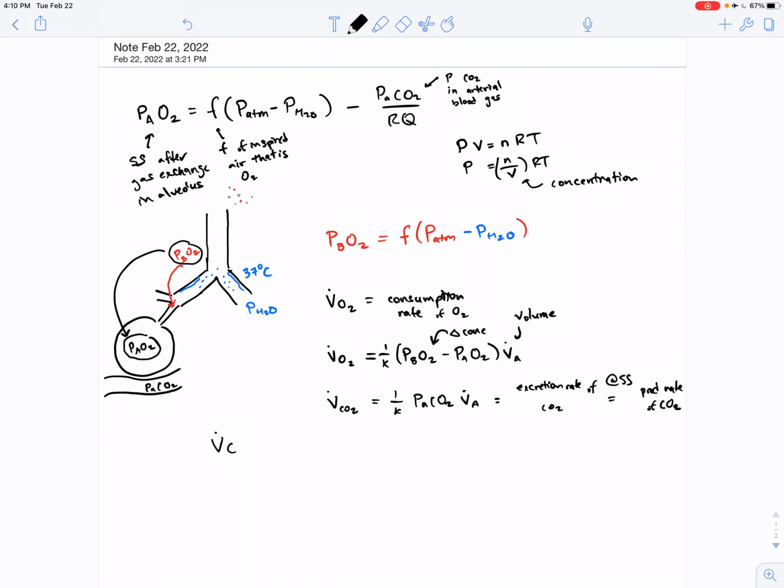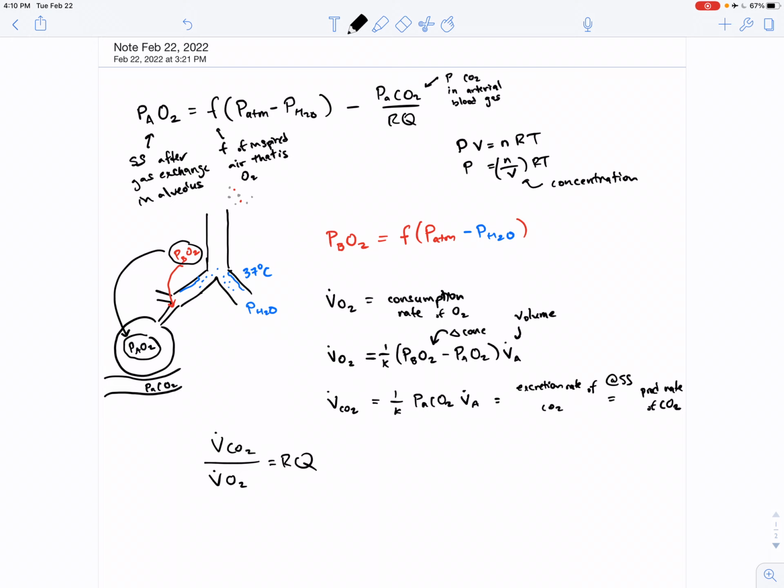So the respiratory quotient basically relates V dot CO2 and V dot O2, because this ratio is nothing more than a stoichiometric principle that is related to the metabolic composition of our diet. If we have more carbohydrates or more lipids, that ratio of carbon dioxide produced to oxygen consumed will change based upon the fuel that we're using.